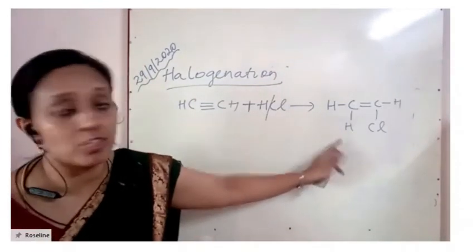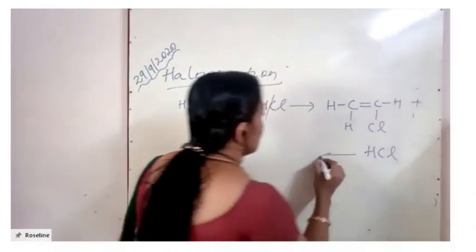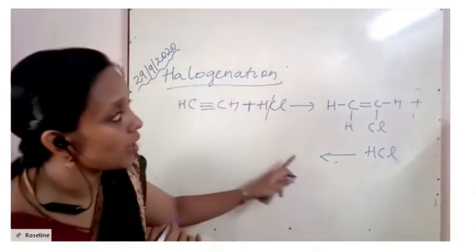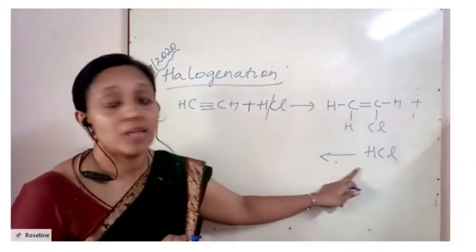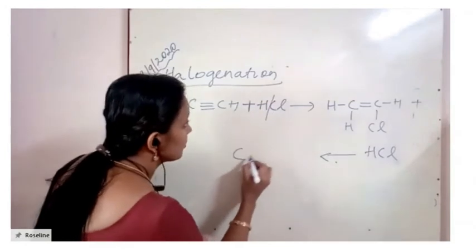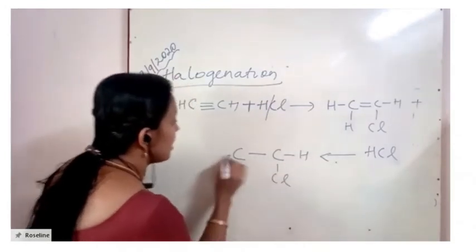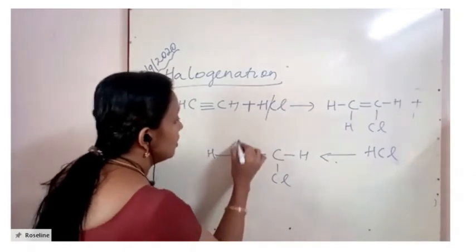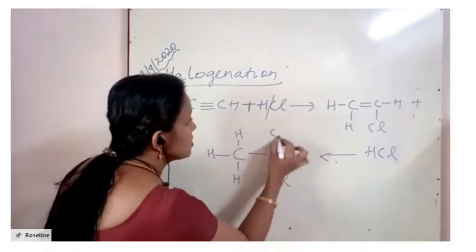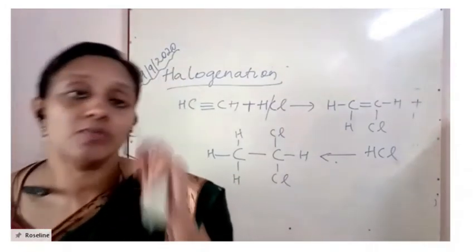So you get the first product. It is an addition product that you get. Again, if you continue adding HCl, what happens, children? The next bond will also be broken. So C single bond C are already there. Now, the next hydrogen and the next chlorine. Have you followed? So this is how the reaction will be carried out.